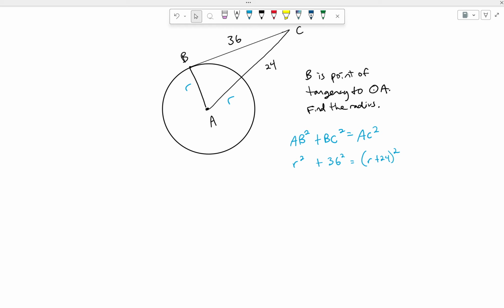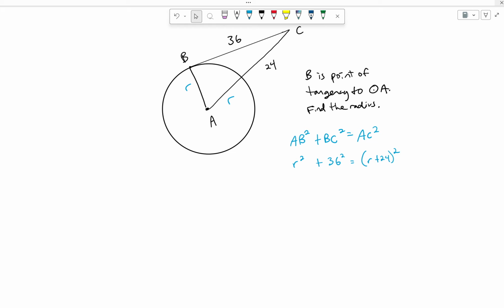R squared is still R squared. Uh-oh. Pen died.